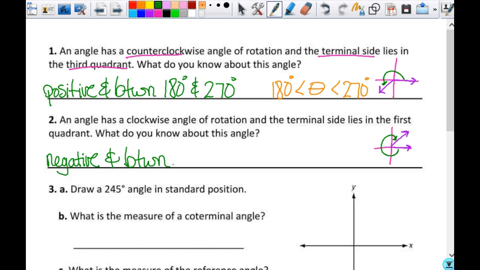So let's think about this. I'm here, right? If I go from here to here, how far have I gone? 90, but it's a negative 90, right? And so then here, that gives me a negative what? Okay, and then here a 270. So it has to be between negative 270 and what?